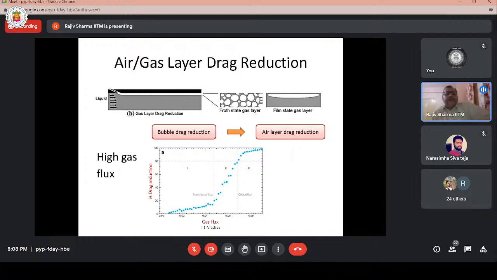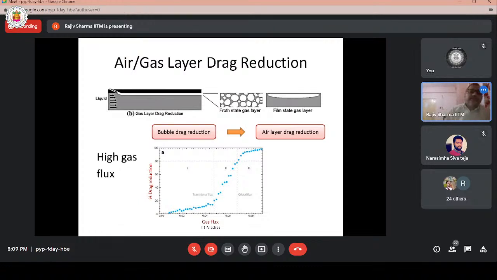Another argument was: why can't you use, instead of bubbles, instead of gas cavity, just a gas as a lubrication? So that's called the air layer concept of drag reduction.